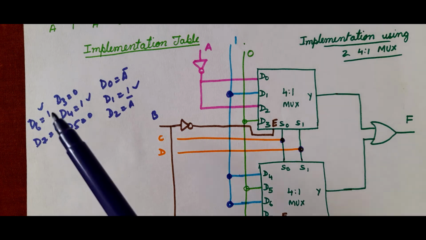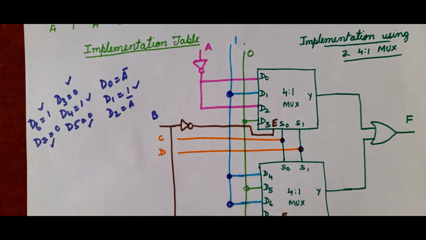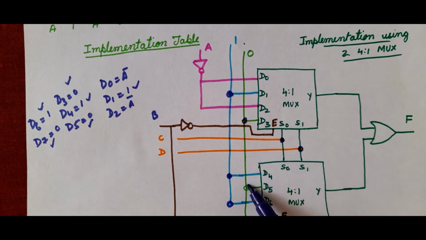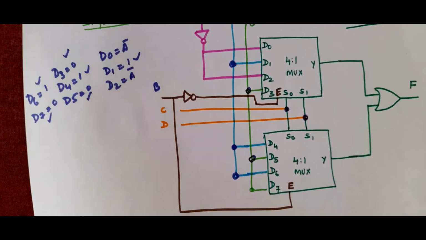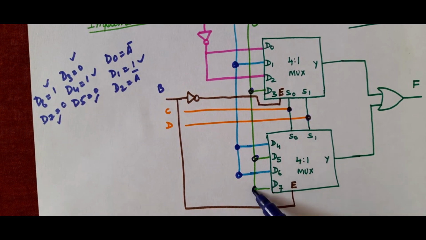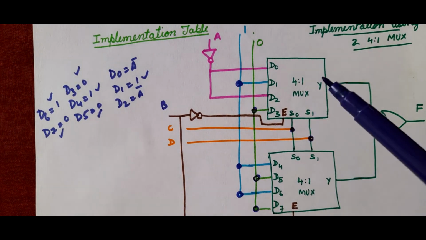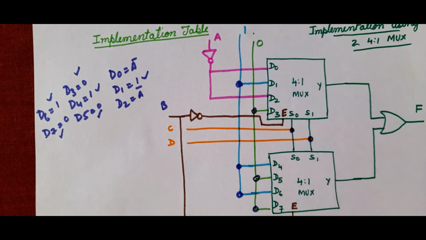Next, D3, D5 and D7 are connected to 0. So, we have connected the inputs to 1 and 0.